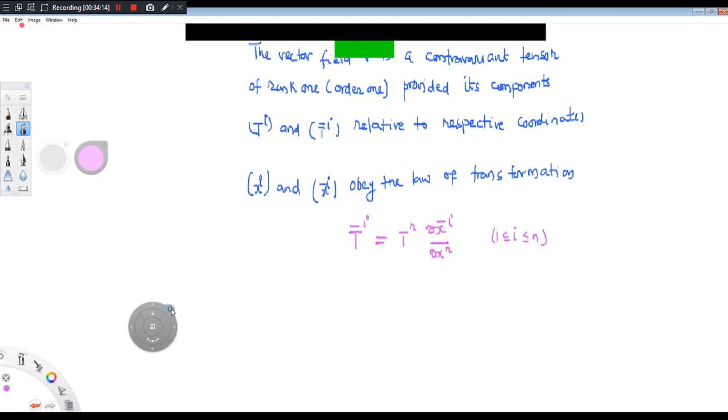Okay, so look at this one, this transformation law.